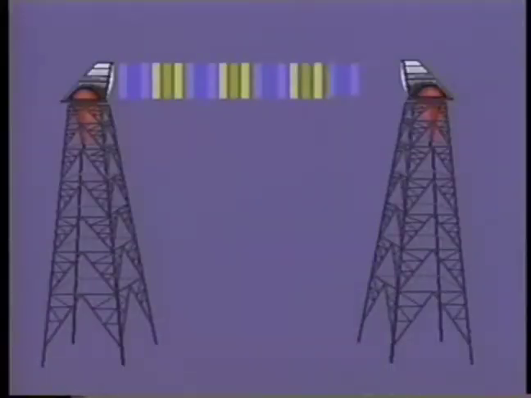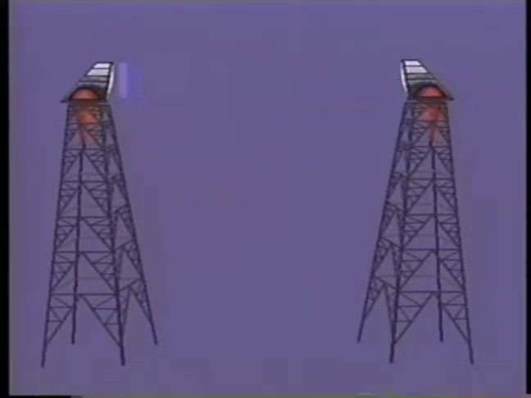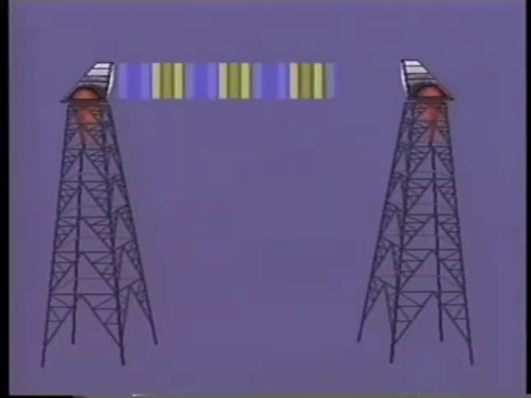Today, a signal can be beamed through the sky by terrestrial microwave radio. The microwave radio signal is similar to FM radio, except that it is beamed directly from one antenna to another. A microwave radio signal can carry more calls than wire with less signal loss.